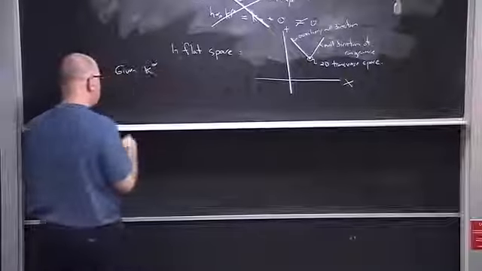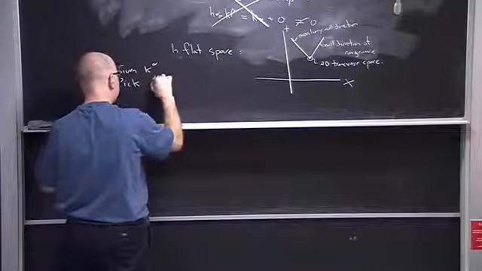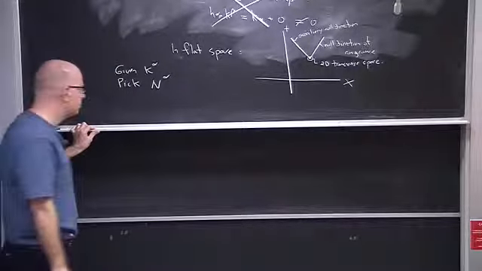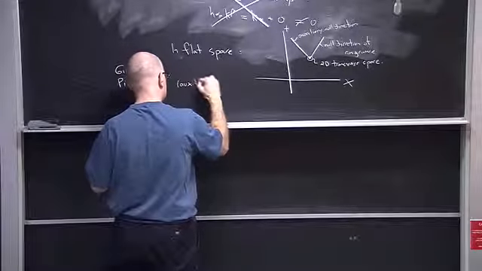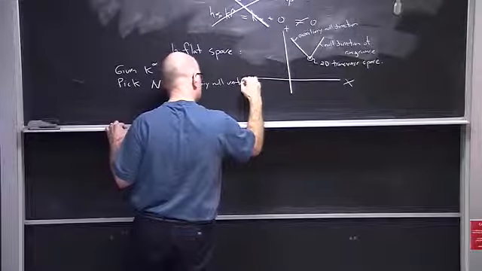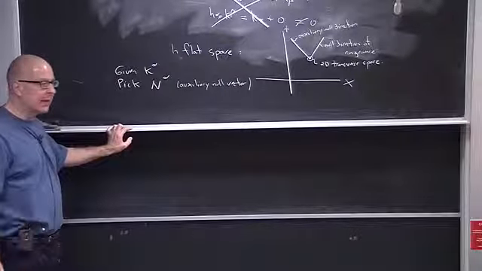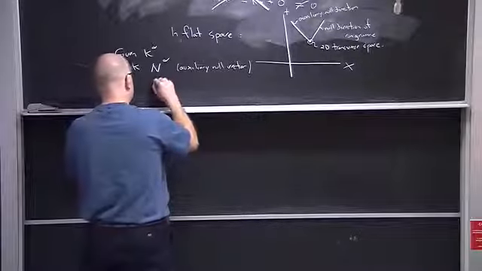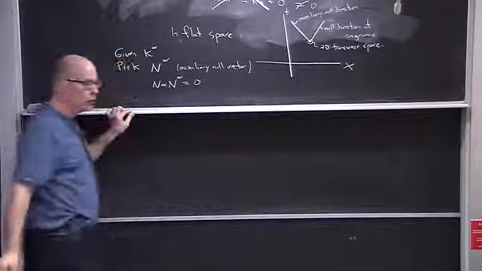We're going to pick a new null vector, n alpha, that's going to be our auxiliary null direction. Of course, I have to pick a different null direction. If I were to pick the same again, that wouldn't achieve anything. n alpha is going to be a null vector, so it's going to have the usual null property.